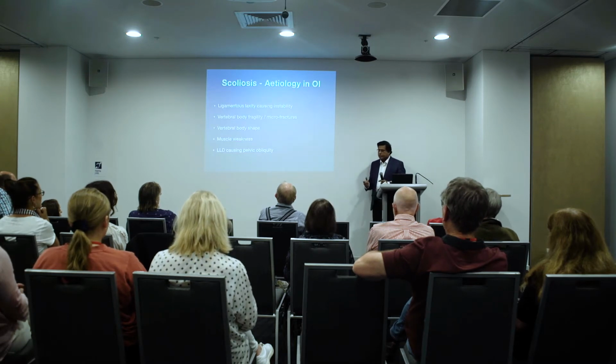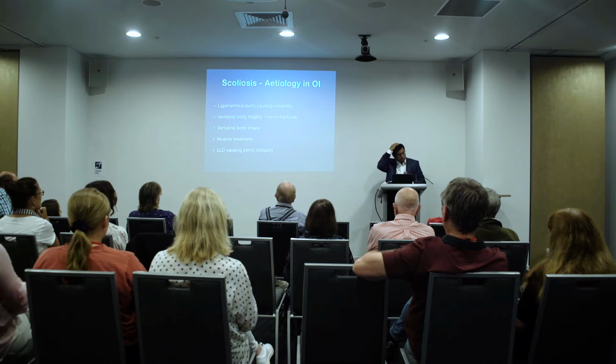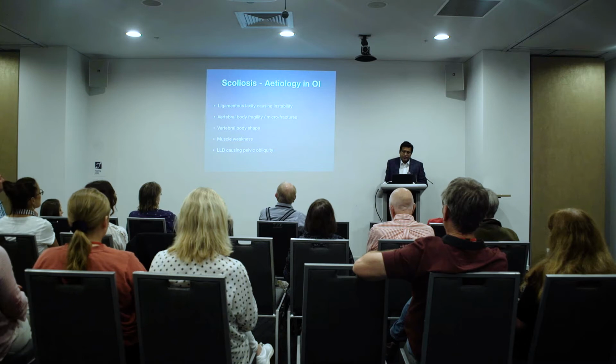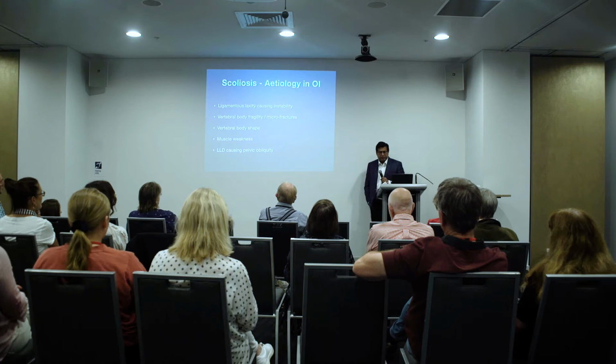So what's the cause of scoliosis? If you read about this, there are multiple theories, but the consensus is that there's ligamentous laxity causing instability, because it's a collagen disease, and there's also collagen in the ligaments of the body. There is increased vertebral body fragility, which means there are microfractures that deform the vertebrae, and that can go into a vicious cycle.